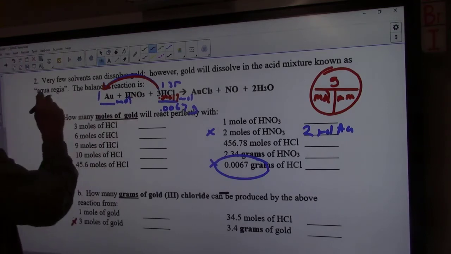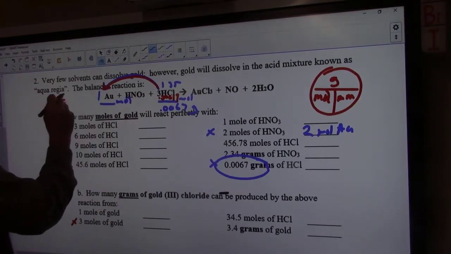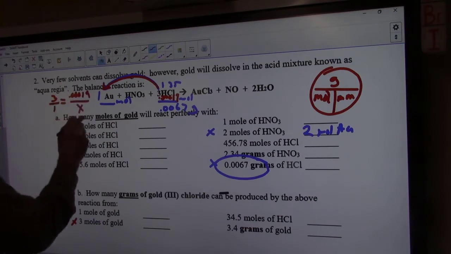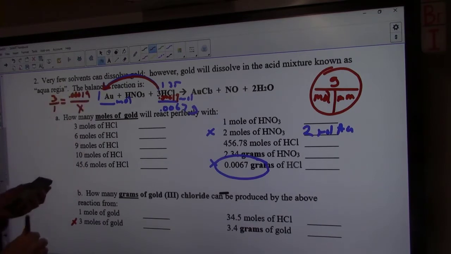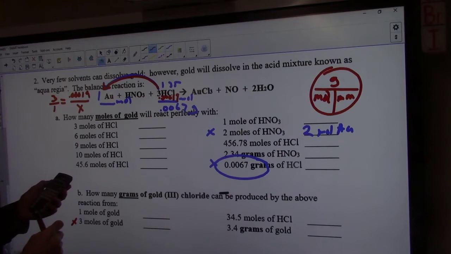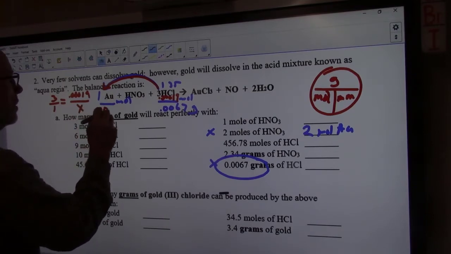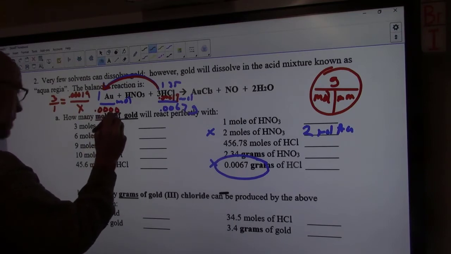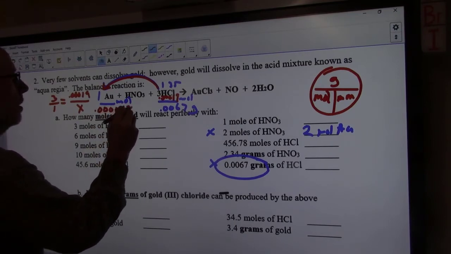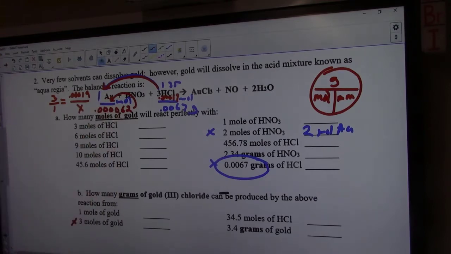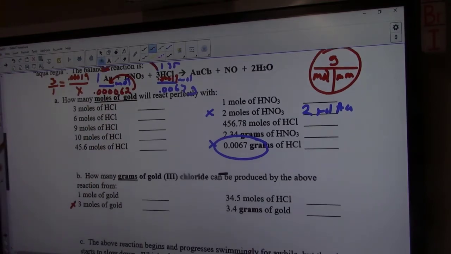So I say 3 is to 1 as 0.00019 is to x. Cross multiply, 3x equals 0.00019. So take that number, divide by 3. My answer is, ooh boy, 0.00062 moles of gold. That's how much I'd be making. Alright, that's how those work.